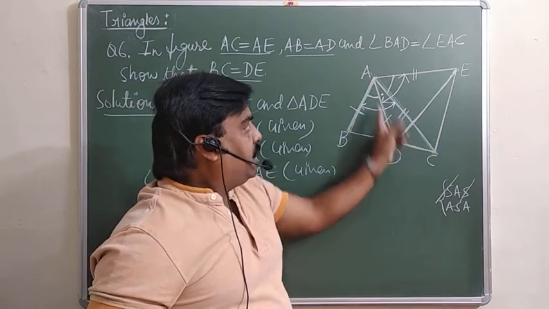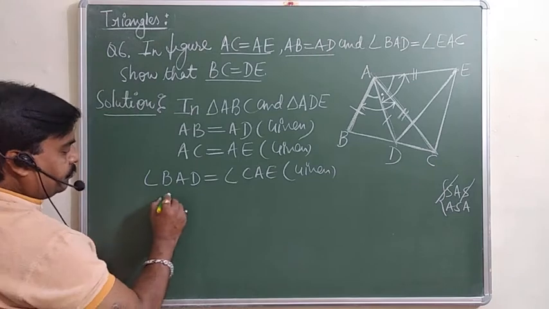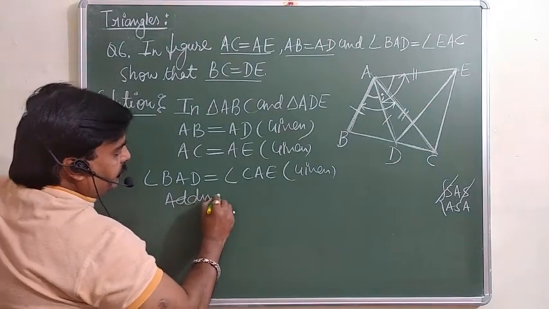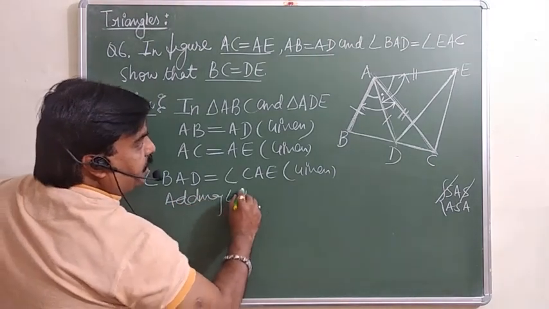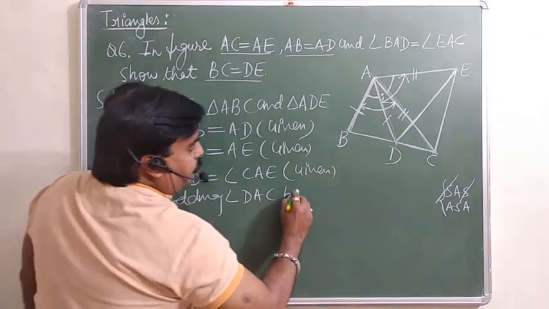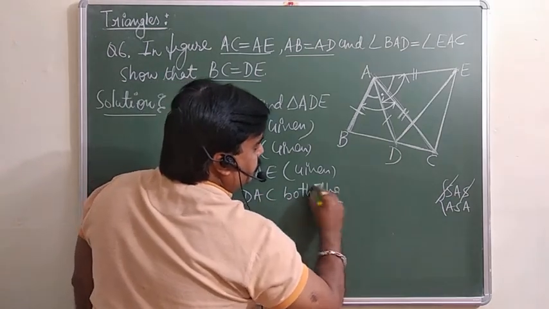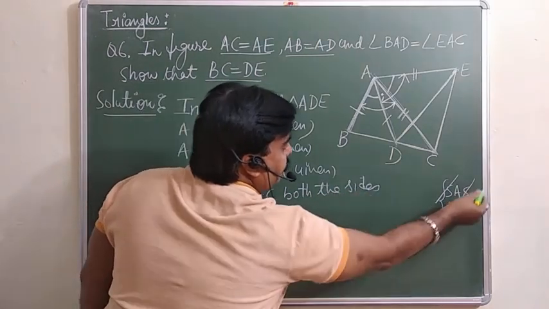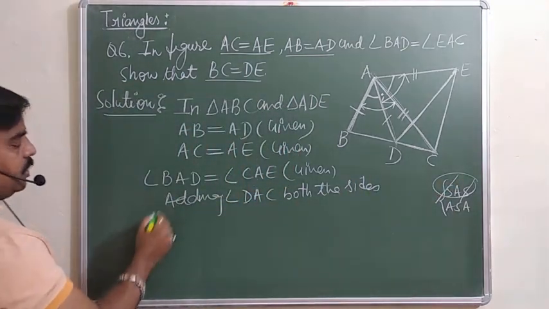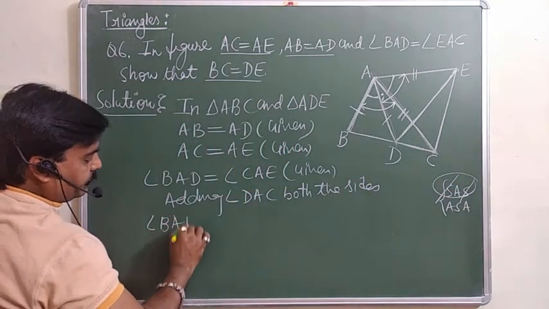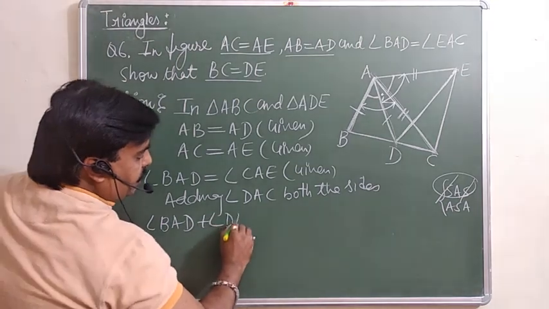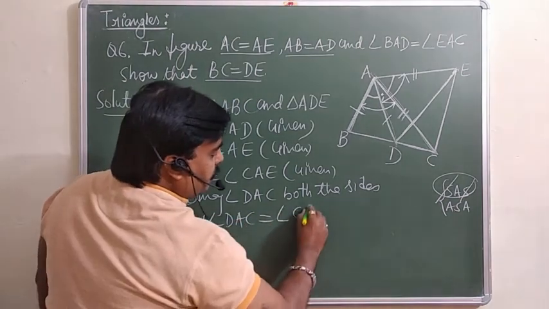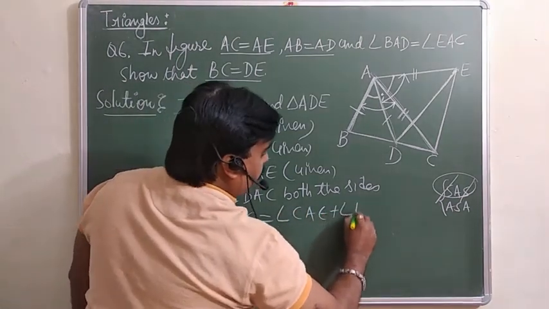So this angle DAC, you must add to both sides. Adding angle DAC to both sides, and then after that you will get this SAS property. So here angle BAD plus angle DAC is equal to angle CAE plus angle DAC.